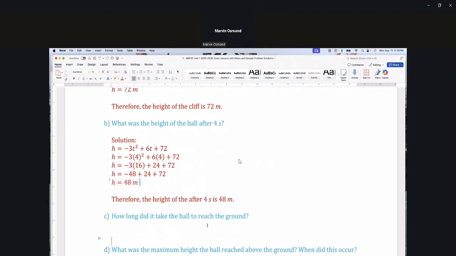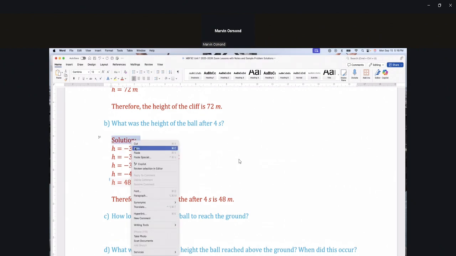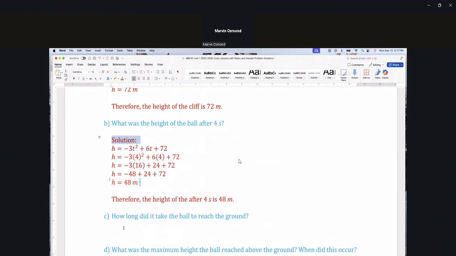How long did it take the ball to reach the ground? So when does the ball, so let's start here. So this one is, we've got to do a little bit of thinking here. How long did it take the ball to reach the ground?